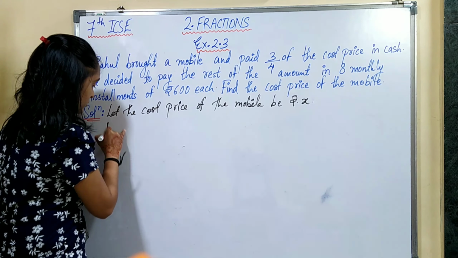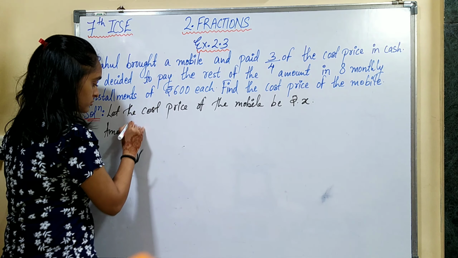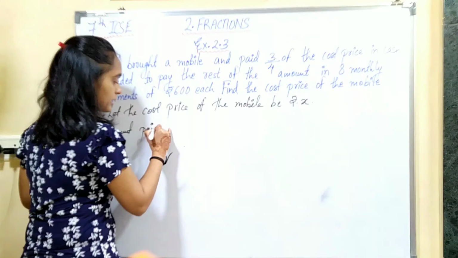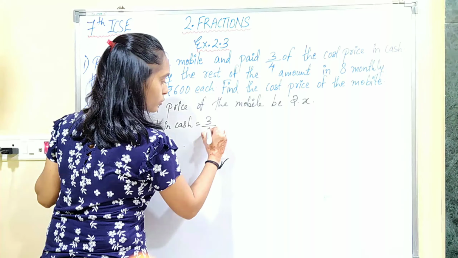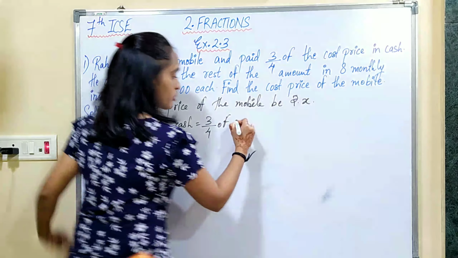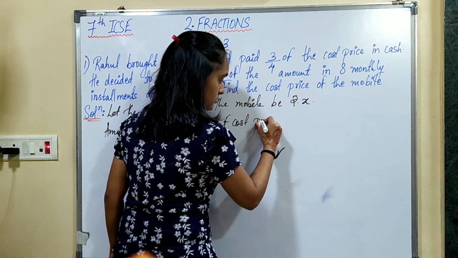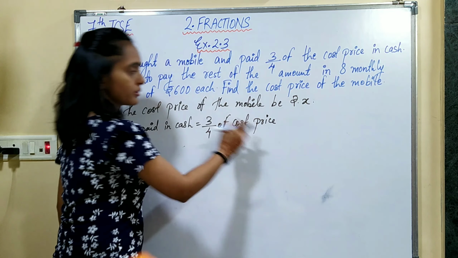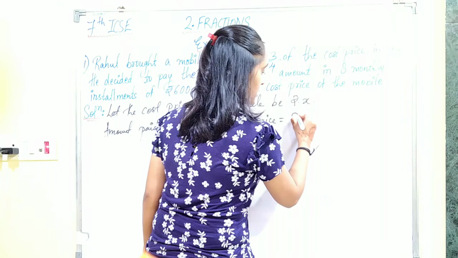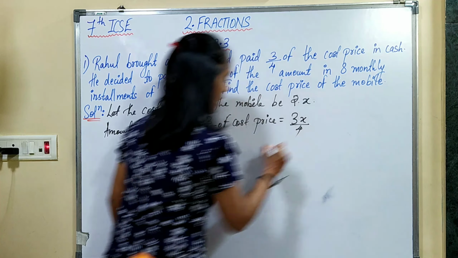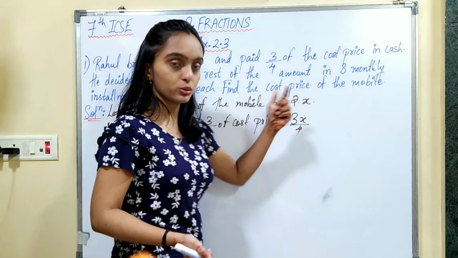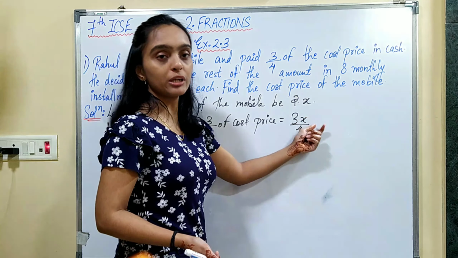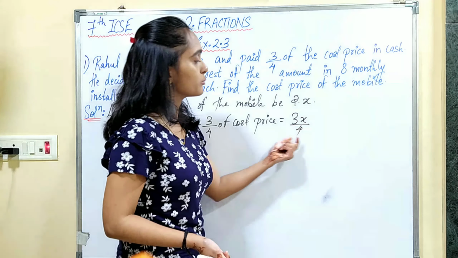Amount paid in cash will be 3/4 of cost price. So we have assumed cost price to be X. So it will be 3x upon 4, as "of" means multiplication. So 3 upon 4 of x, so 3 upon 4 multiplied by x. So it will be 3x upon 4.